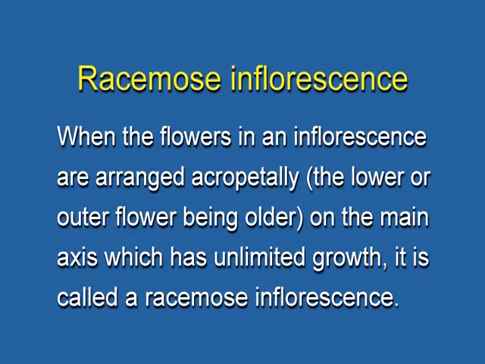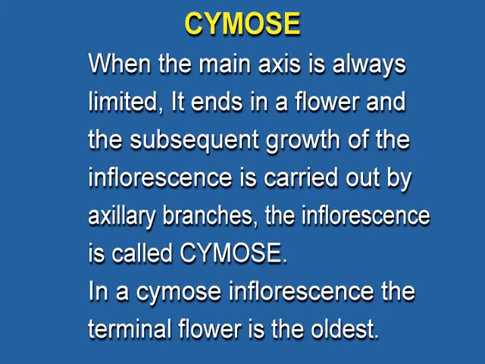When the flowers in an inflorescence are arranged acropetally, that means the lower or outer flower is the older flower, present on the main axis which has unlimited growth, such an inflorescence is known as racemose inflorescence. Let us talk about cymose inflorescence.